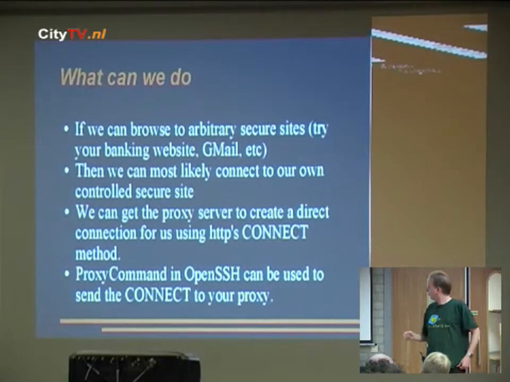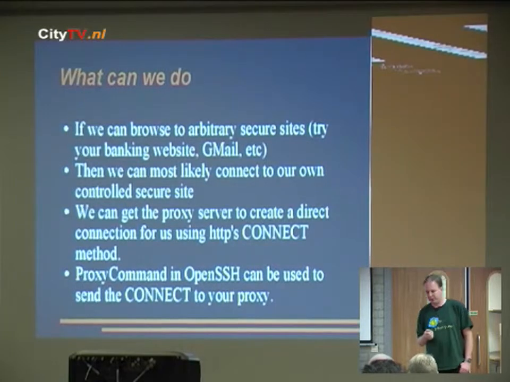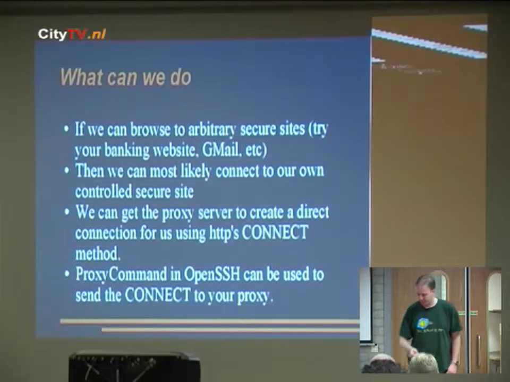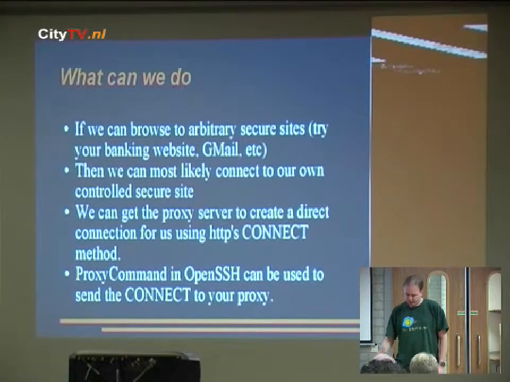So yeah, if you can get your proxy to connect, then you can make various interesting connections that maybe weren't originally intended to happen. In OpenSSH there's the ProxyCommand, and Proxy Tunnel can use that ProxyCommand feature to connect outside.